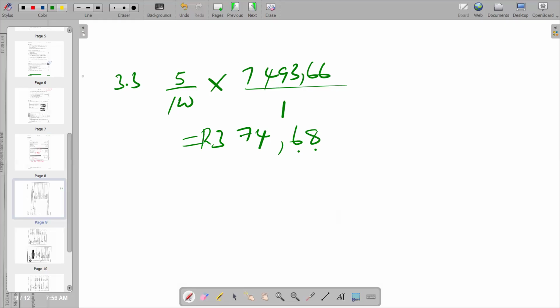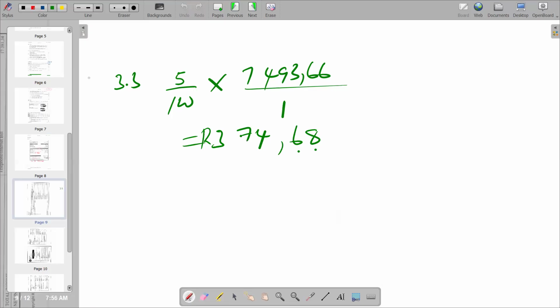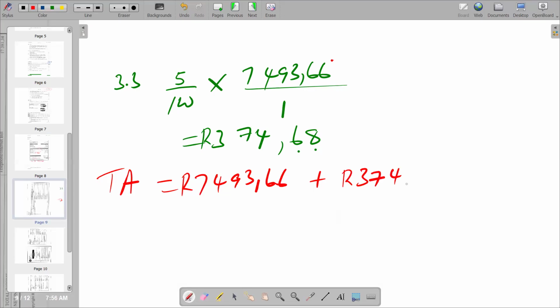Remember our question, we can always refer back: calculate the total amount he was charged. So the total amount now will include the interest plus the amount due. So basically we are saying the amount due, the total amount now becomes 7,493.66, which is this amount. And then we add the interest that we've calculated, which is 374.68.